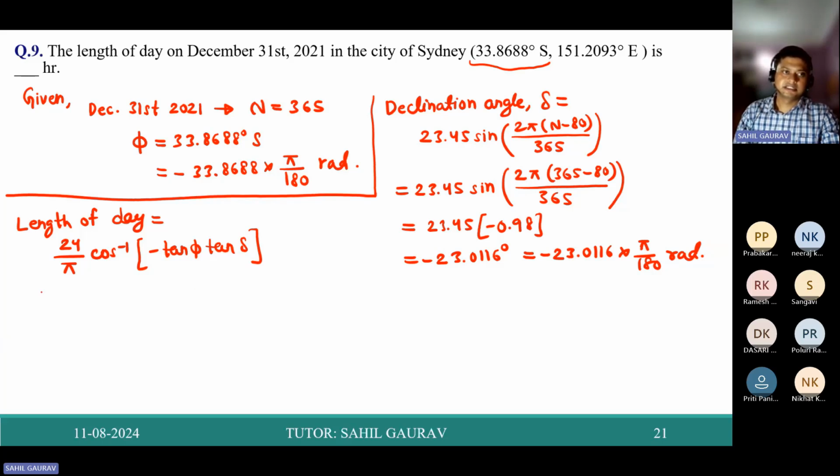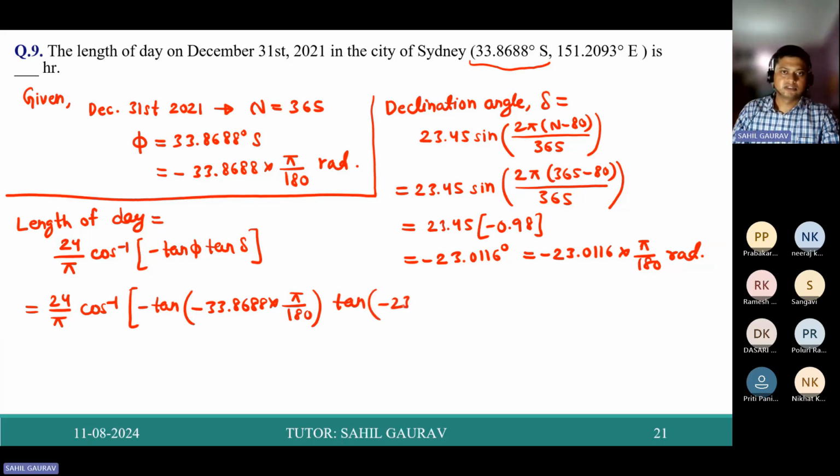No need to interchange. So it will be 24 upon pi into cos inverse of minus tan phi. Phi is minus 33.8688 into pi upon 180 degree radian, and del is minus 23.0116 into pi upon 180 degree.